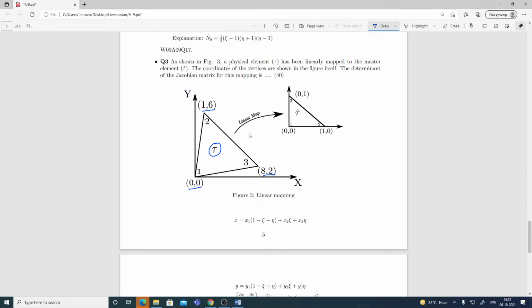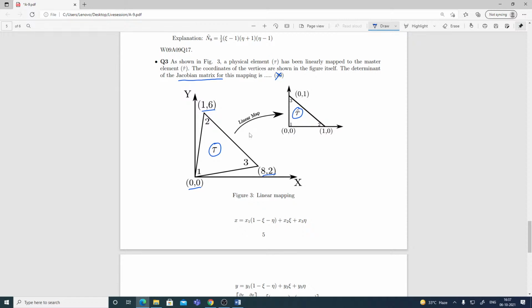It has been mapped to a master element, which in this case is basically a right angle triangle. So this is tau hat. If you remember, we denoted the master element as tau hat, and we need to calculate the Jacobian matrix.